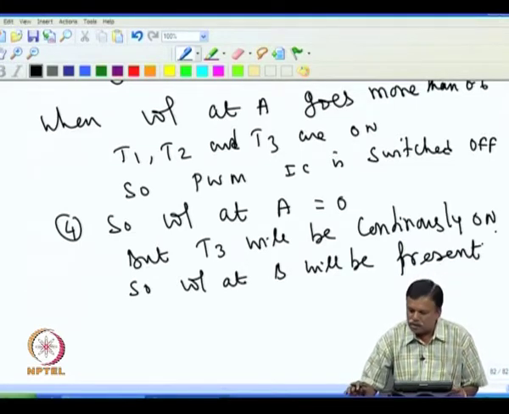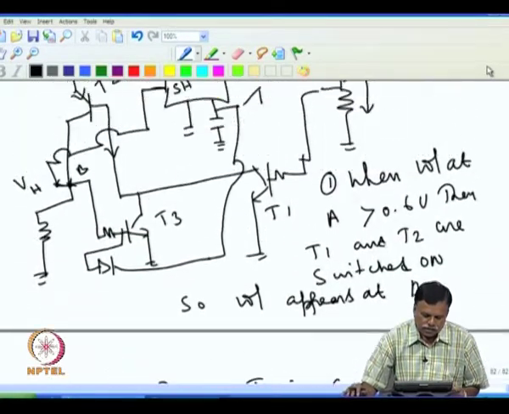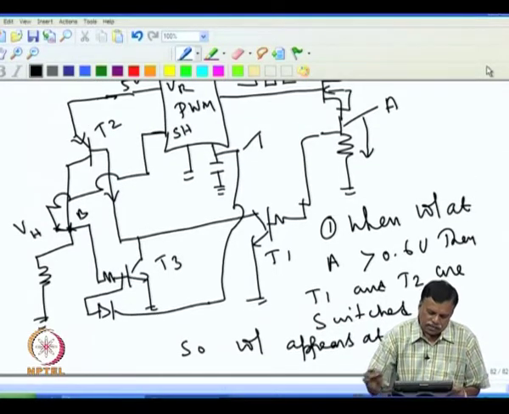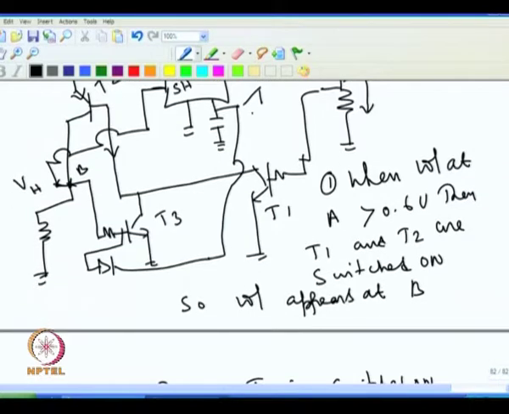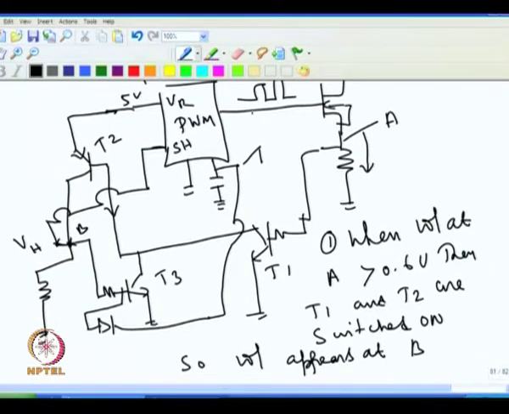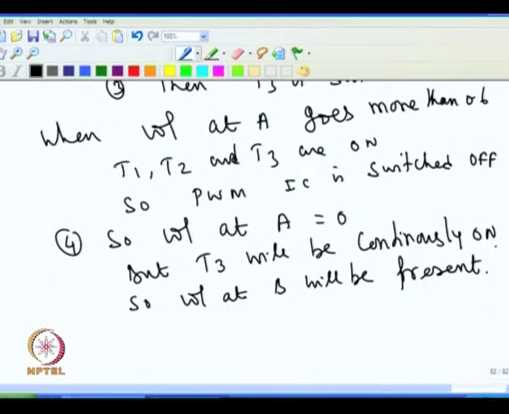Voltage at B will be there even now. But when the sawtooth voltage goes down to 0, that is, when the voltage at the capacitor, I will call it C, drops to 0, then D3 goes off.